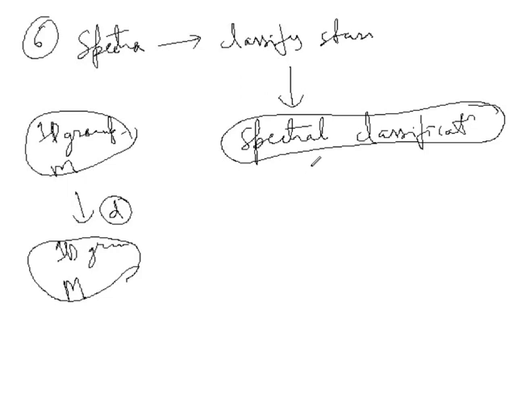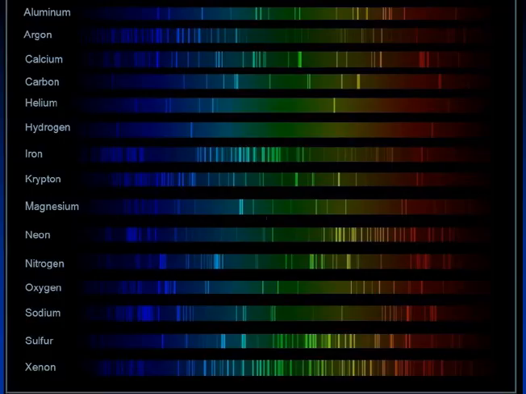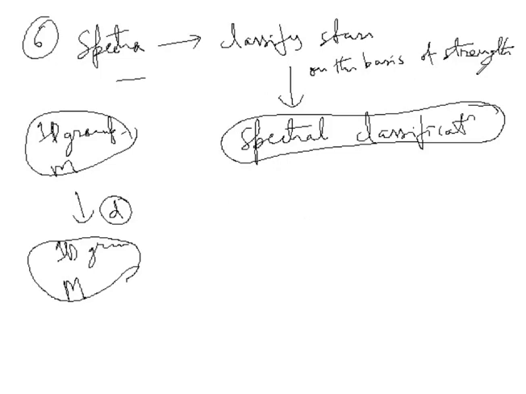Now, how was this classification done? As I was saying, one of the earliest uses of stellar spectra was to classify stars, and this was done on the basis of line strength. Just wait for some time, I will show you the real stuff.